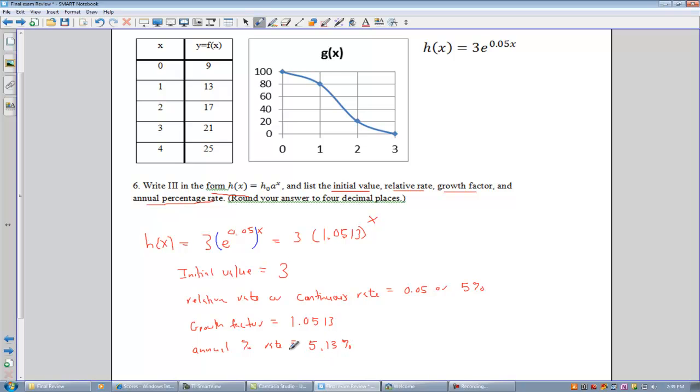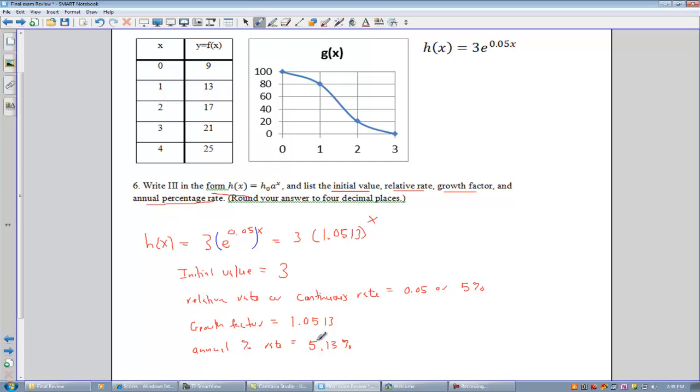So we haven't talked about this in a while, but the idea is that you have this annual percentage growth rate, which is what we normally think of as percentage when we talk about growing. So if I say I grew by 5.13%, I mean I actually grew by 5.13%. But there's another notion of rate, and that's given by the relative rate. This is how the function is growing, but growing continuously. You can grow by a certain percentage over a year.